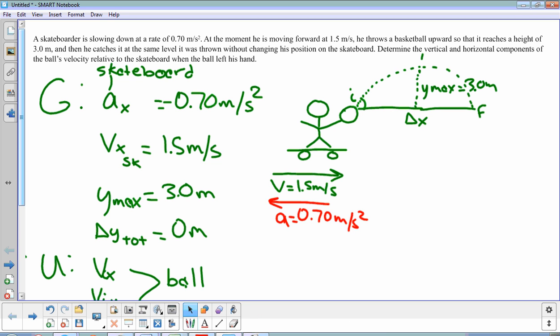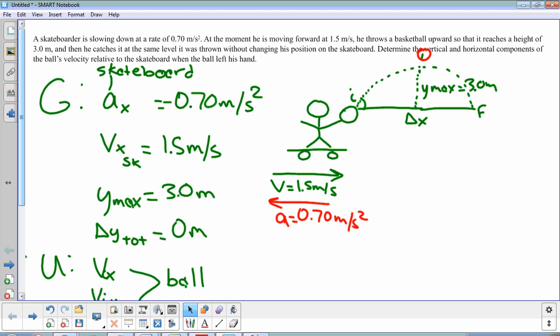So I've got to make a plan on how I'm going to solve this problem. Now I told you that y max is going to be up here at this point, which I called point 1, right? What do I know about y max? It's my maximum height. When does it occur? At the center of the total thing, which means it's going to be at what time?